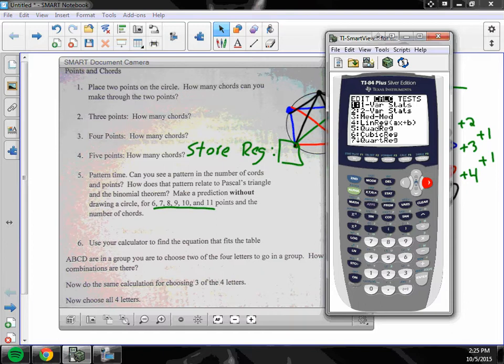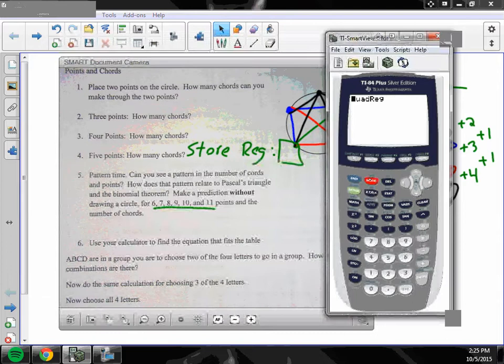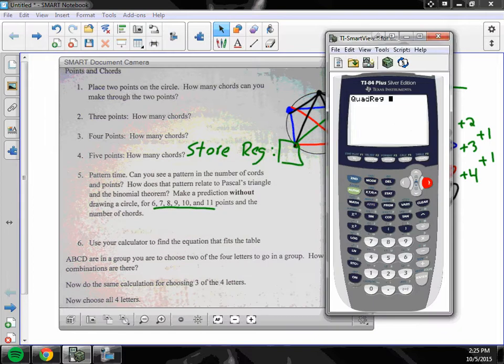And then you push variables right here, and then go to Y variables and then go to function Y1. Okay, and it's all right. Don't worry too much about this because we're not going to do it again today.